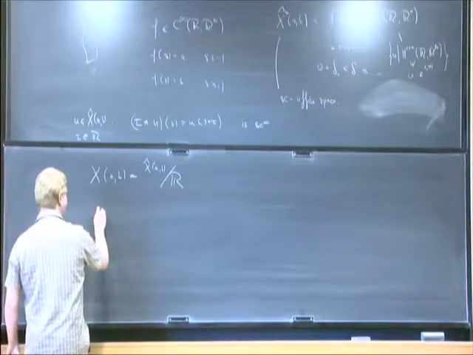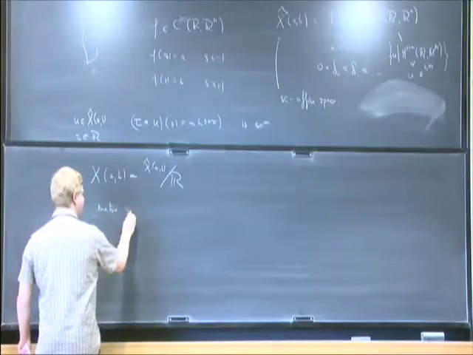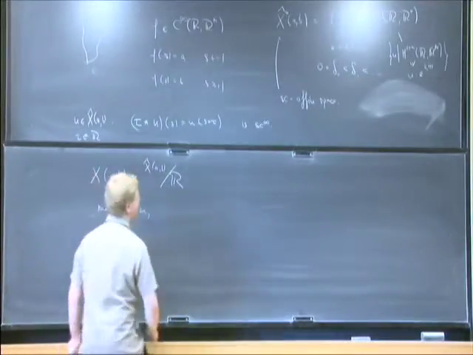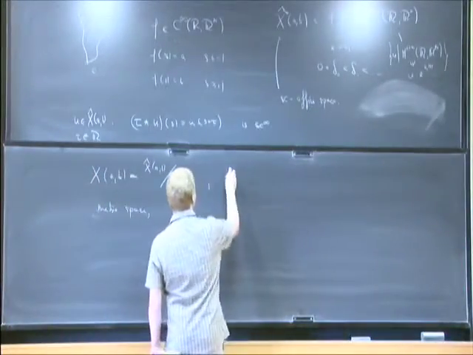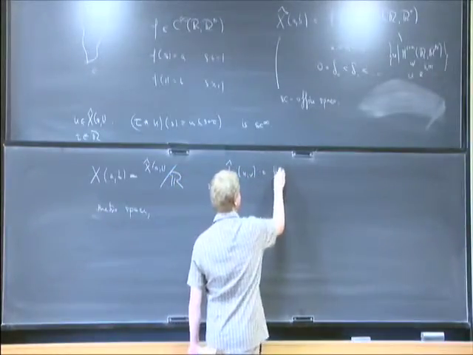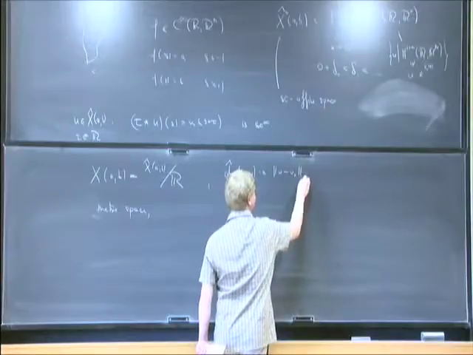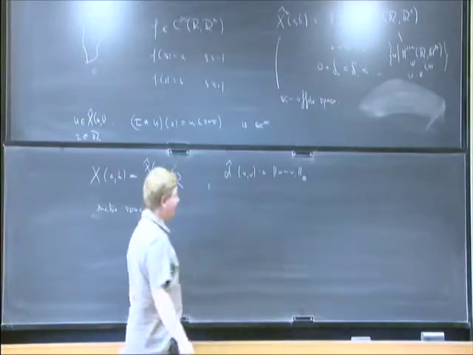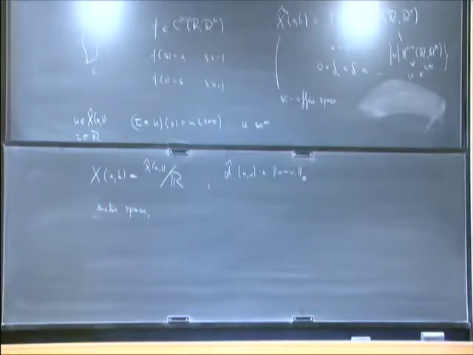This is a metric space. On the space X hat you have a metric d hat, the obvious metric, because it's a normed space. We just take the induced Banach norm on the zero level. Zero level is just H2 maps, so this is the H2 norm.